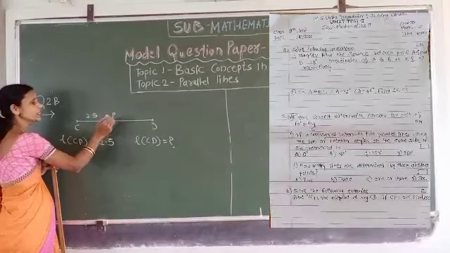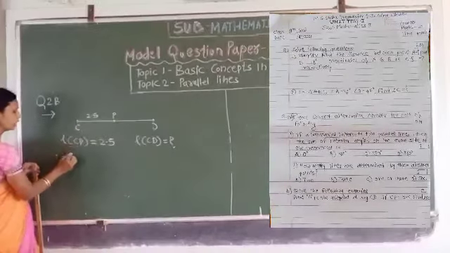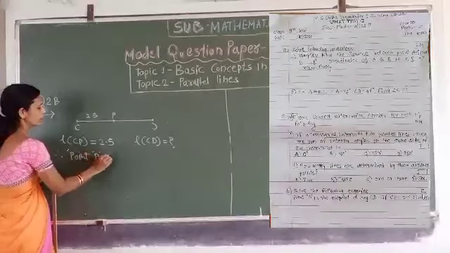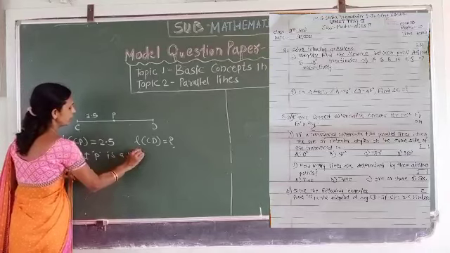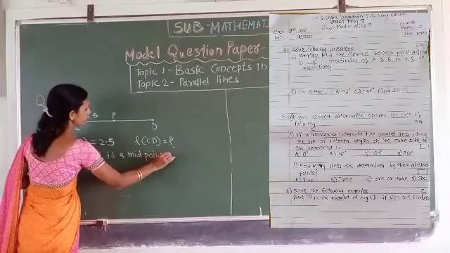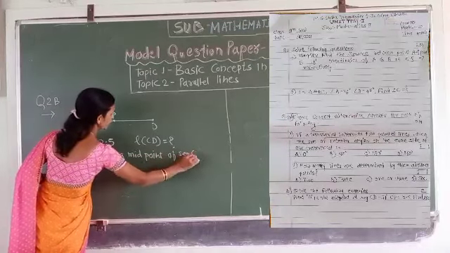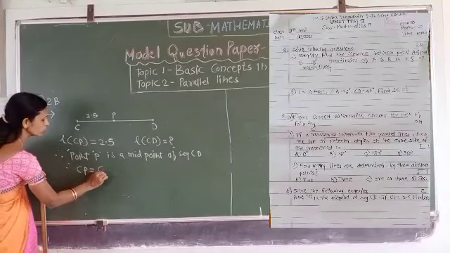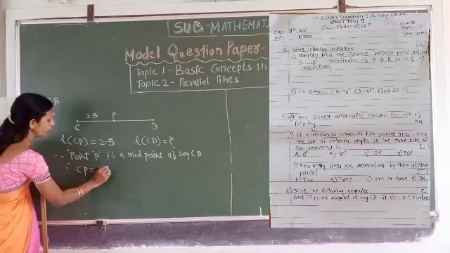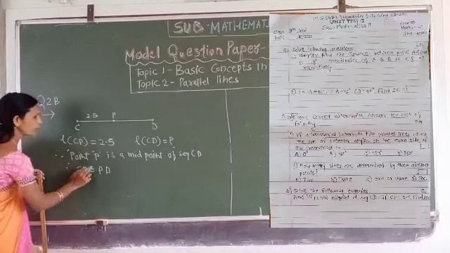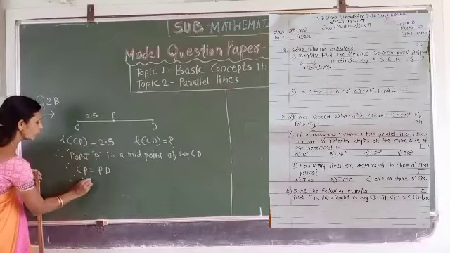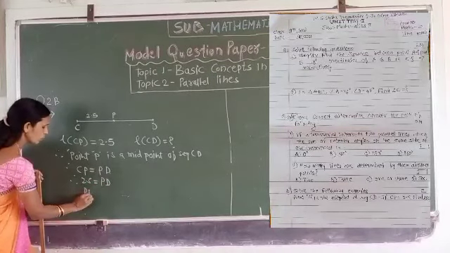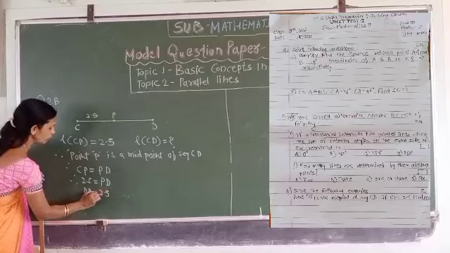Then see here, P is the midpoint, therefore point P is the midpoint of segment CD. Therefore CP is equal to PD, and CP which is given here is 2.5. Therefore PD is also 2.5.